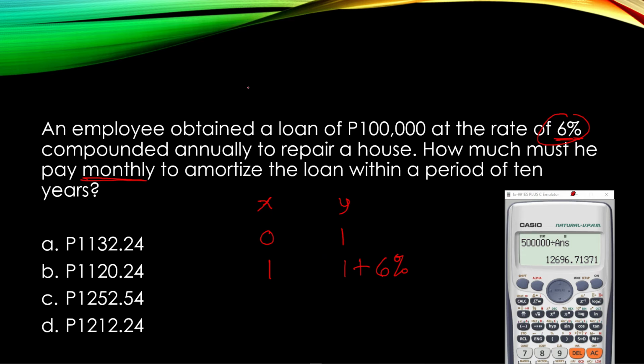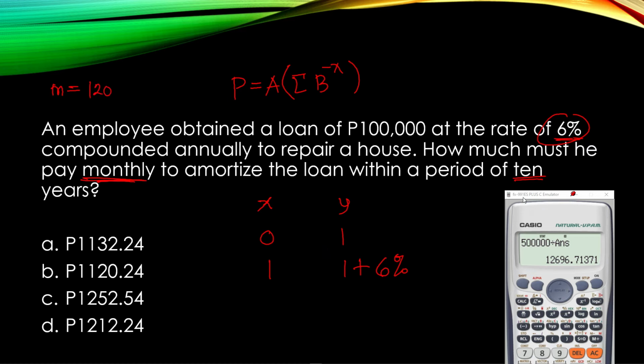After that, same pa din, no? We have P is equal to A times the summation of B raised to the power of negative X. Okay. But, of course, we have to consider, no? 10 years ito babayaran monthly. Okay, so yung M natin probably is 12 times 10. So that is 120. Okay, same kanina.